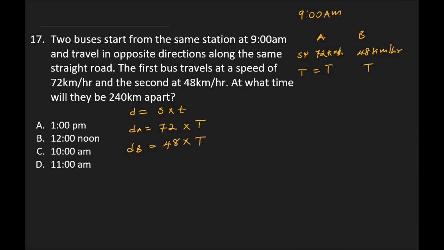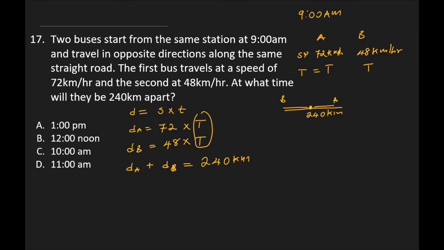Now mind you, if you add the distance traveled by A to the distance traveled by B at this given time, it should sum up to 240 kilometers, because we were asked to find the time when the distance of A and the distance of B would sum up to 240 kilometers.